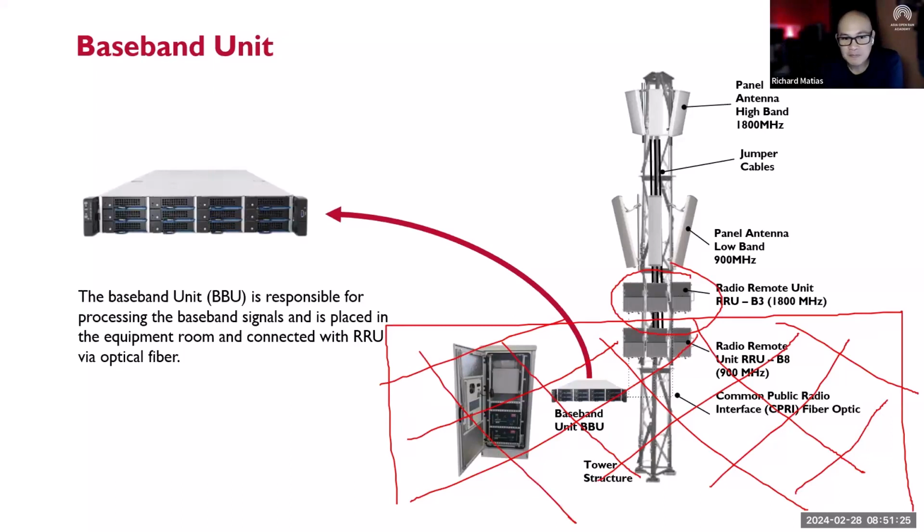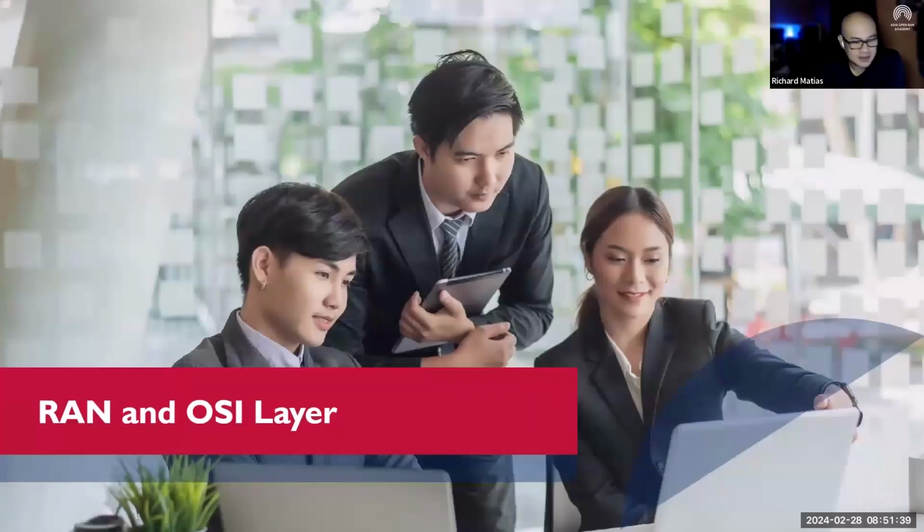Okay? Great. We're finished with the hardware component of the RAN. Now let's go to the software part, or the layers that we are using in the RAN. When we talk about RAN, it is divided into different layers, each of which is responsible for a different aspect of the system.